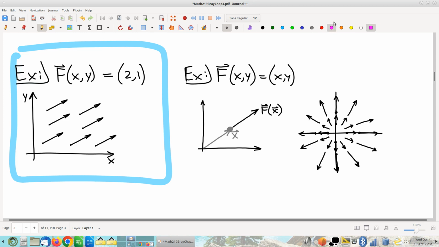But no, this is a constant vector field because at every x comma y, no matter which of these points you're looking at, you always get the same field vector. It's always 2, 1. Right? Thus constant. So, yeah, different from graphs in terms of how you interpret it.